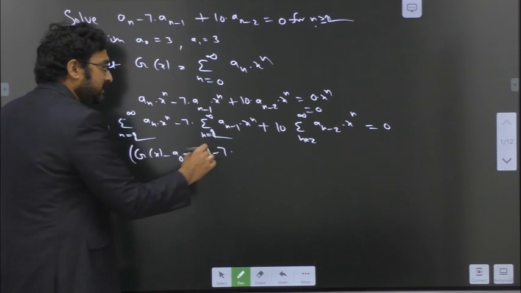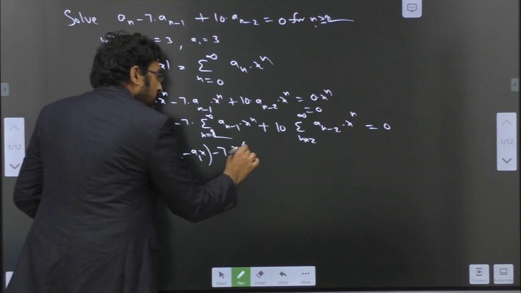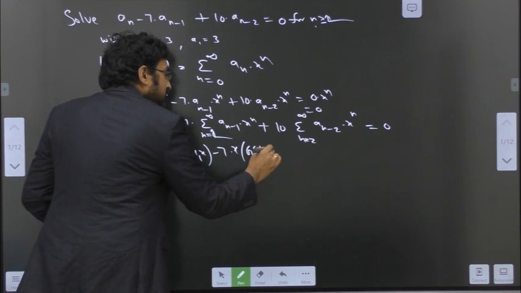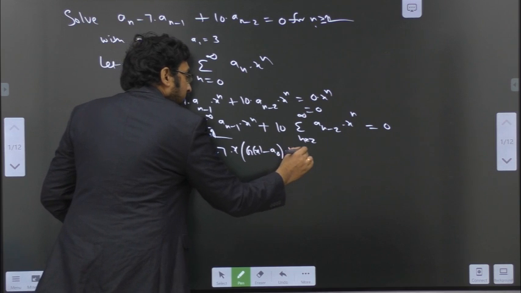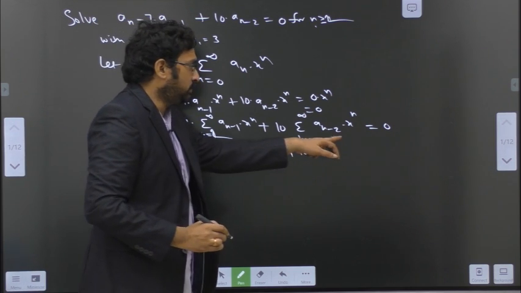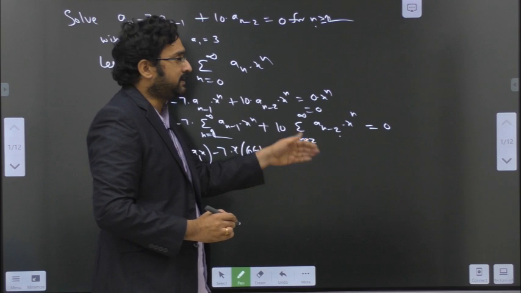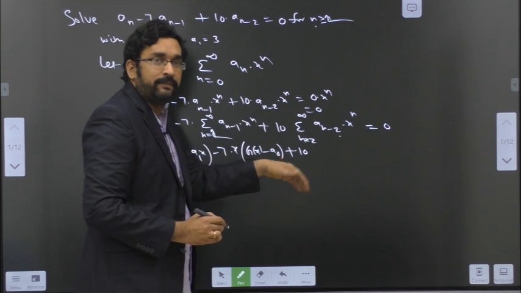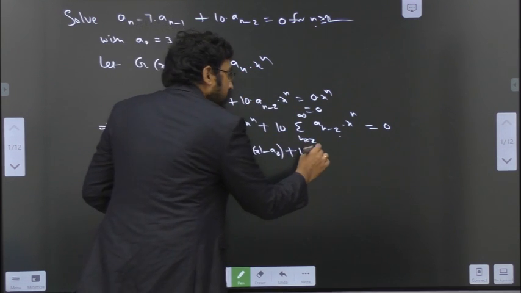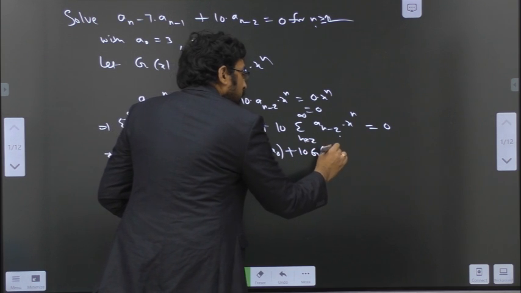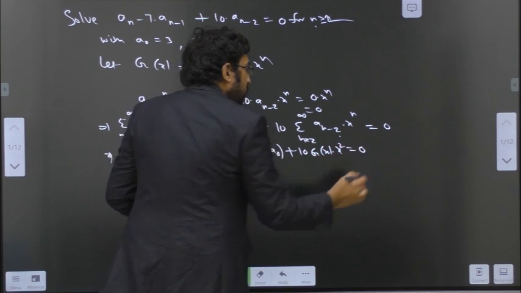So we can write 7 x times g(x) minus a_0, plus 10 times, here both are the same, so no need to subtract anything from g(x) but multiplied by x squared. So 10 g(x) x squared equal to 0.